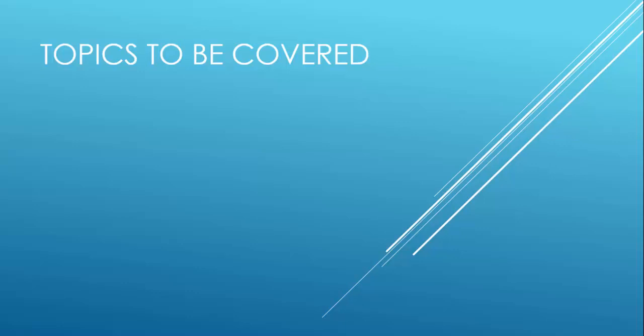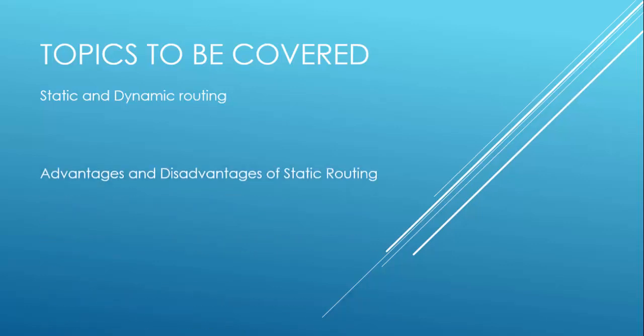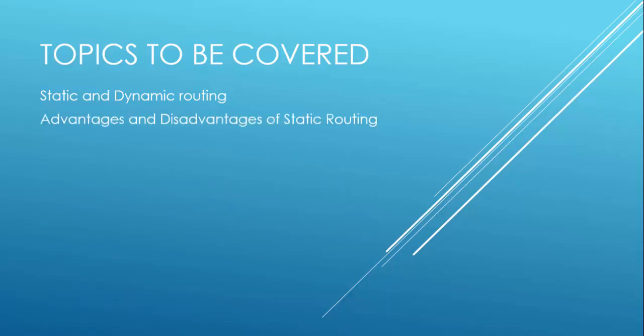So let's start, guys. The topics I'm going to cover are very basic: what is static and dynamic routing, and then the advantages and disadvantages of static routing, that is, what's the plus point if we do static routing, and if we do dynamic, what will be the advantages over static.